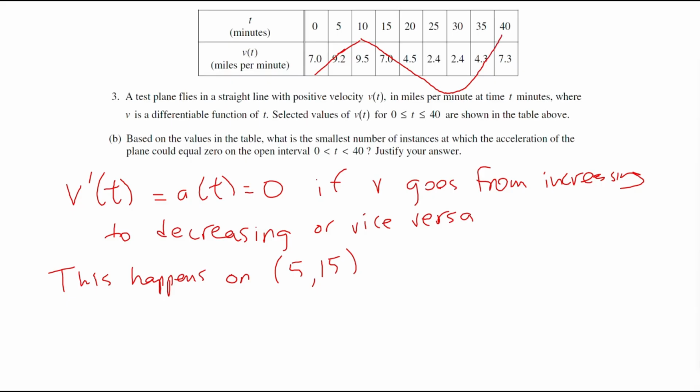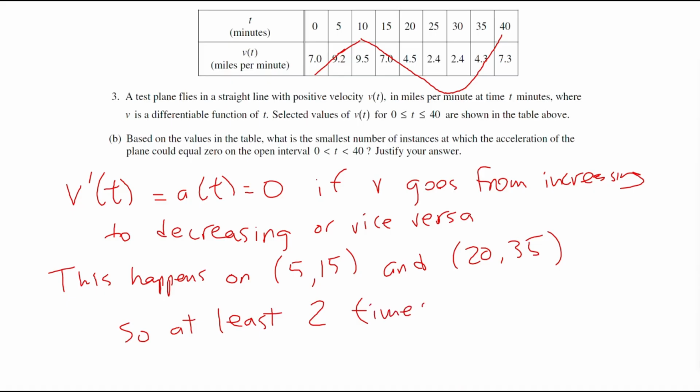So it must have also happened somewhere between 20 and 35, because we went down and then back up. So we'll say 20 to 35, so at least 2 times. They're going to give you 2 points for this, 1 for saying 2 times and 1 for an explanation.